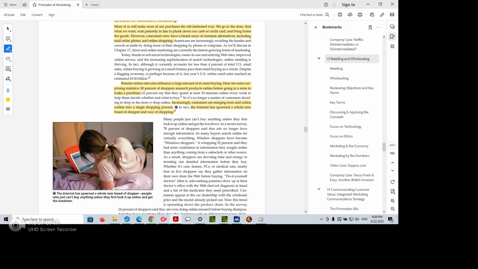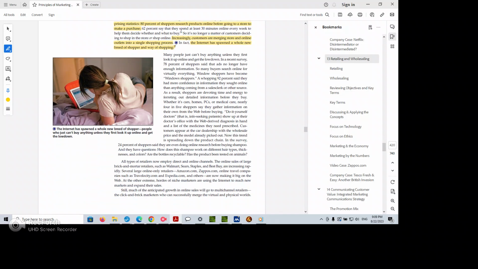Because if it's more convenient and easier to not go to the store but to do everything online, then what do you think people are going to do? They're going to go online, right? You see here a picture of a girl also looking for something online. Same thing.